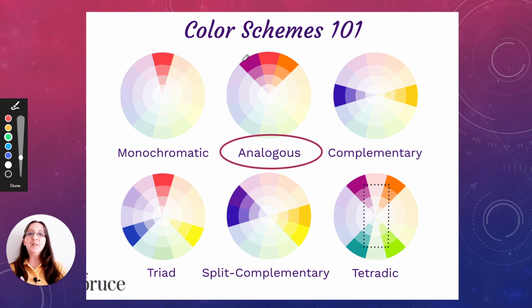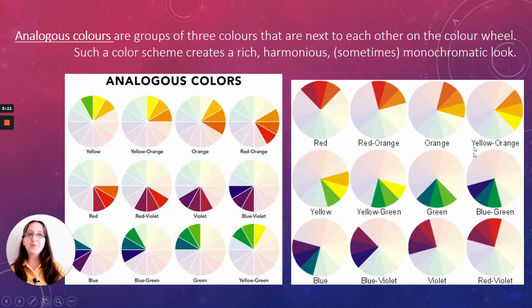And it can be the regular colour, or it could be a value or hue of that colour. You remember what hue is. Okay, so analogous colours are groups of three colours that are next to each other on the colour wheel.